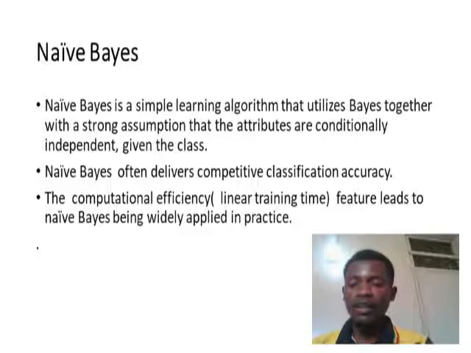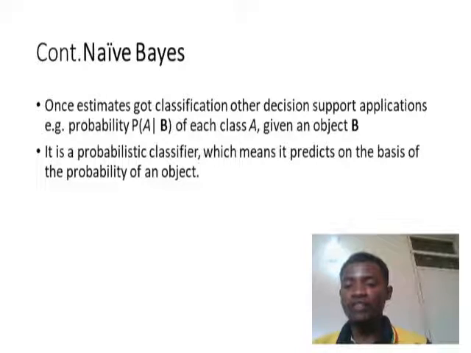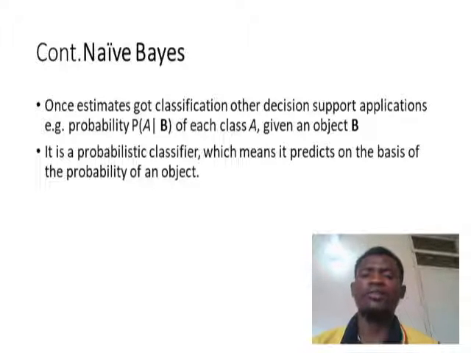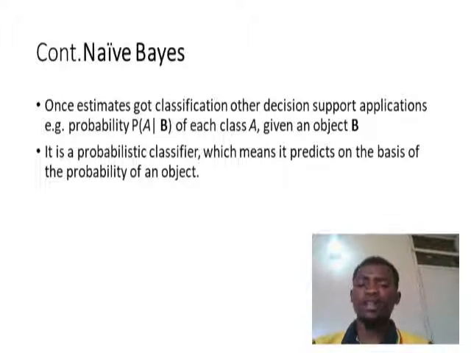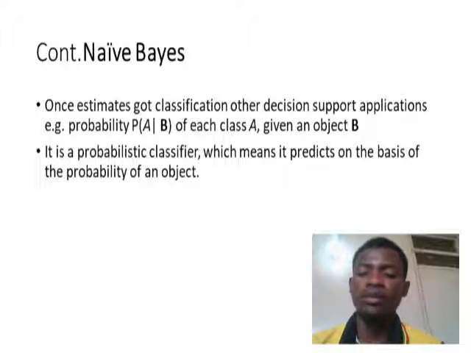The computational efficiency leads to naive Bayes being widely applied in practice. For example, we have the probability of A given B for each class A and object B. It is a probabilistic classifier, which means it predicts on the basis of the probability of an object.